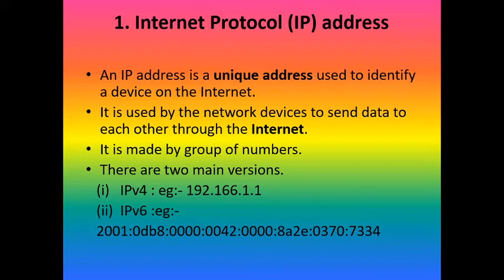The ISP, or Internet Service Provider, is responsible for allocating this IP address to the device. There are two main versions of IP addresses: IP version 4, which has 4 parts, and IP version 6, which is a little bit lengthy address.